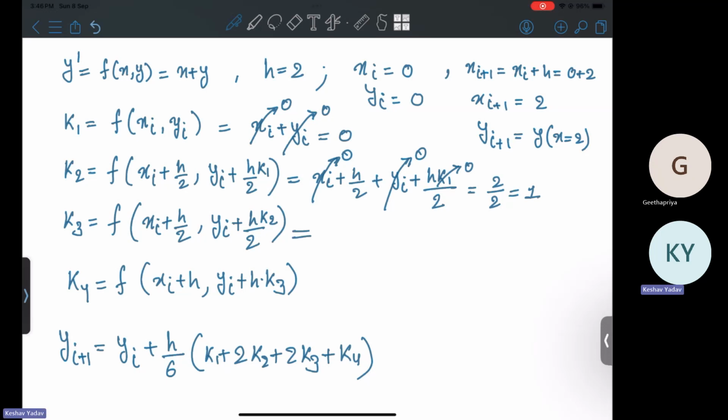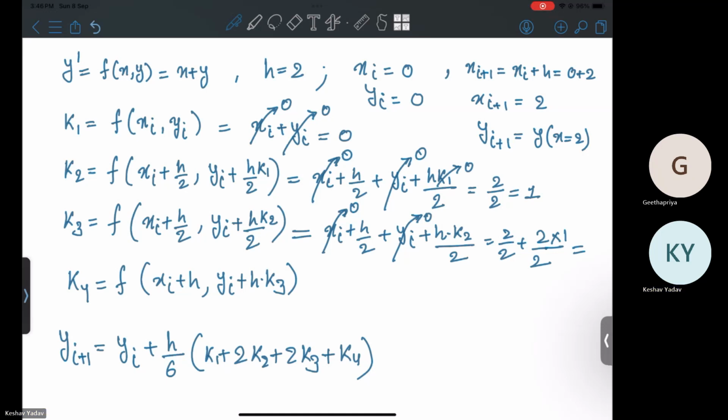Now K3. So xi plus h by 2 plus yi plus h multiplied by K2 by 2. Okay. So this is 0. This is 0. So 2 by 2 plus 2 by 2 multiplied by 1. This will lead to what? 1 plus 1, 2.